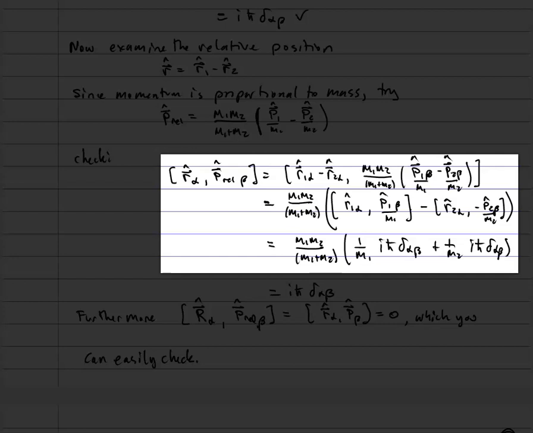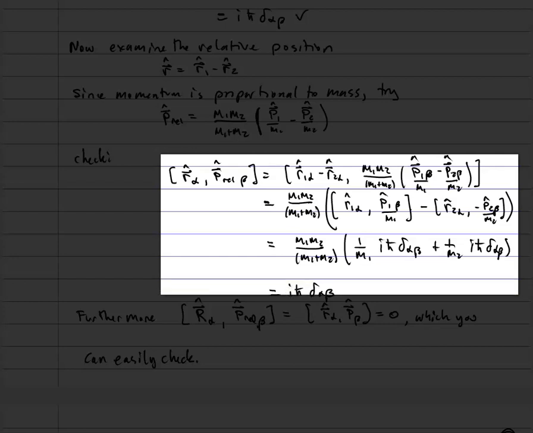And then this factor out in front, the M1 M2 over M1 plus M2, that's exactly the inverse of 1 over M1 plus 1 over M2. So I get i h bar delta alpha beta. And that tells me again that I've got the relative normalization between these two different objects correct, because I'm getting what's called the canonical commutation relation.